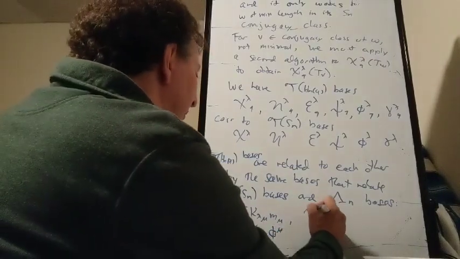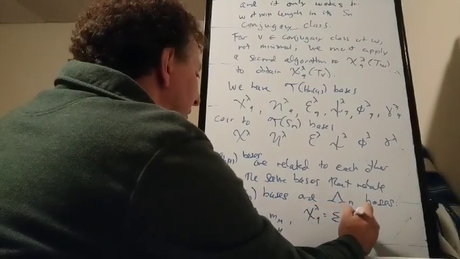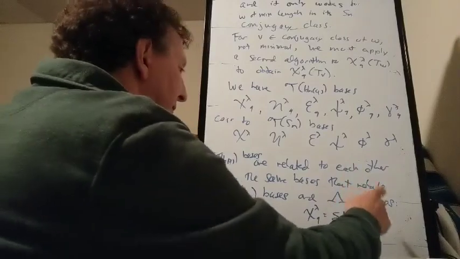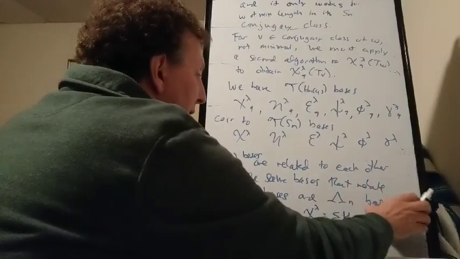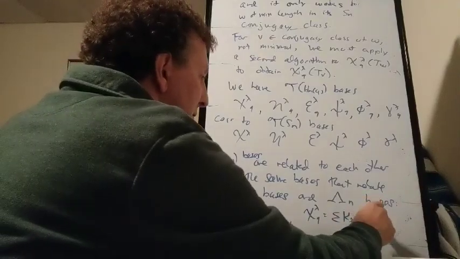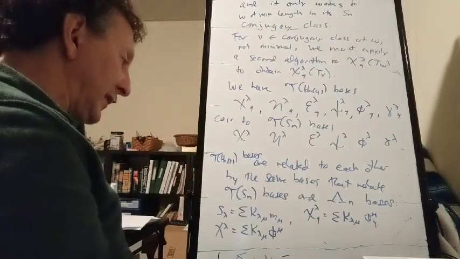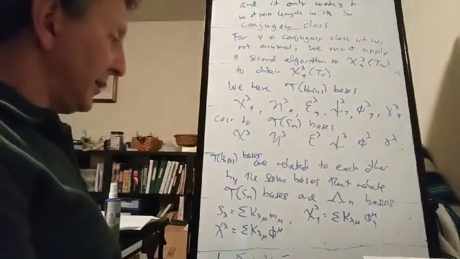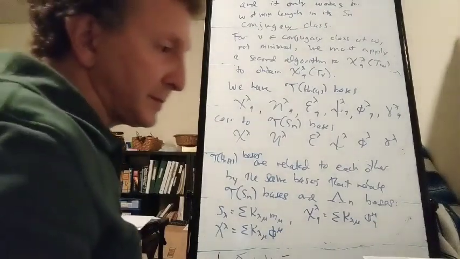And then we also have chi lambda q being equal to a sum of Kostka numbers times phi mu q. So these functions are related to each other just the same way that the trace space bases are related to each other for the symmetric group.